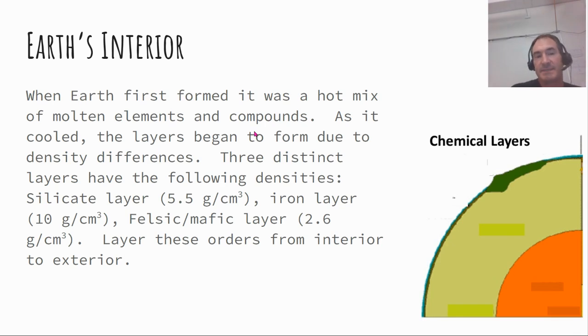Since it's easier for liquids to move around than solids, as the Earth cooled, the layers started to form due to density differences. The chemicals and compounds that were more dense sunk to the center, like iron and nickel. Our middle layer is made up of less dense material, and the least dense layer is the top layer, which we consider to be the crust.